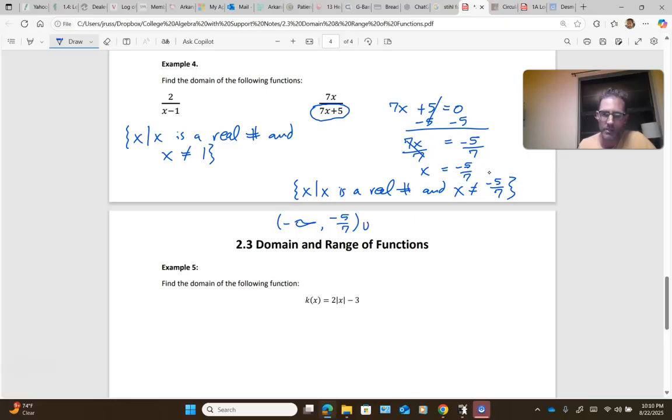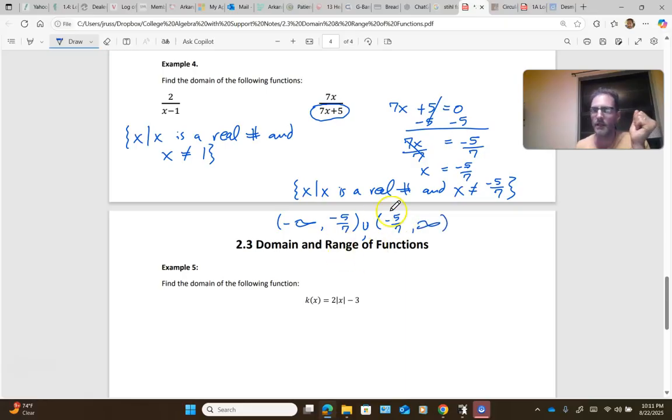And then you use this symbol right here, or the book sometimes will have you put a comma instead of this union. This is a set operator. It allows you to join two sets of numbers together. So if the domain is all real numbers except this value, it would be all the numbers less than that value combined with all of the numbers that are greater than -5/7.